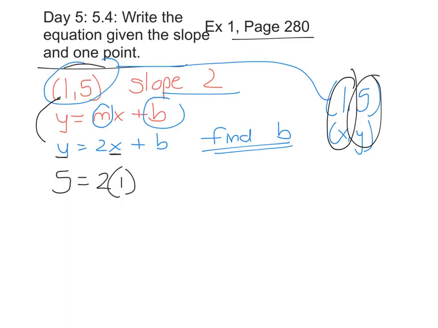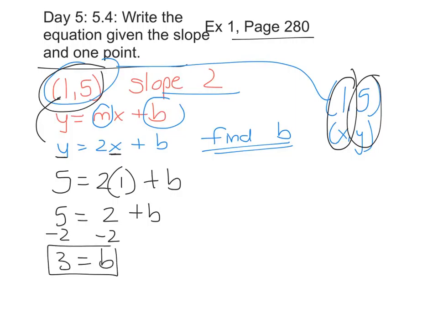That was the point that was given, (1, 5). And from that, I've filled in everything in this equation except b, and I can now find b algebraically.